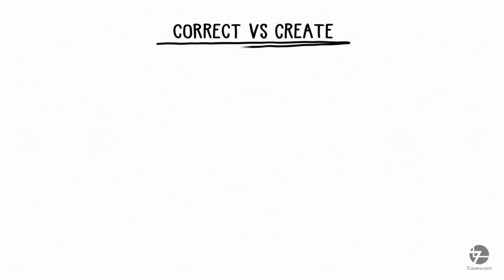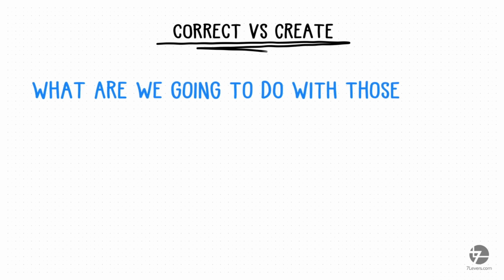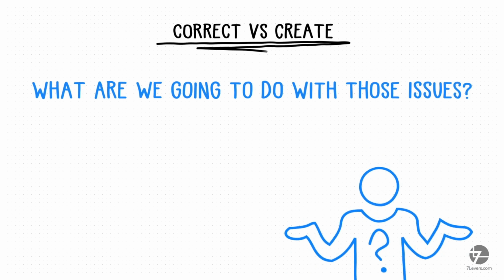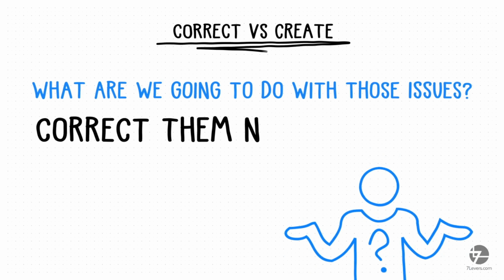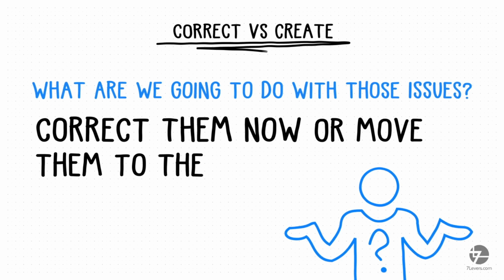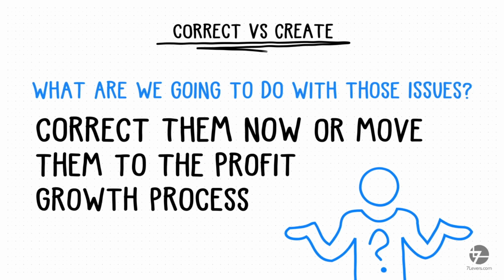In the previous lesson, we looked at finding and classifying the issues from the previous phases of Profit Foundations. Now we need to understand what we're going to actually do with those issues. Whether we're going to correct them during this phase or whether they've got to be passed forward into the profit growth process, which comes after we've established a solid foundation.